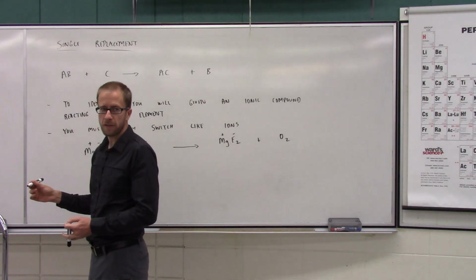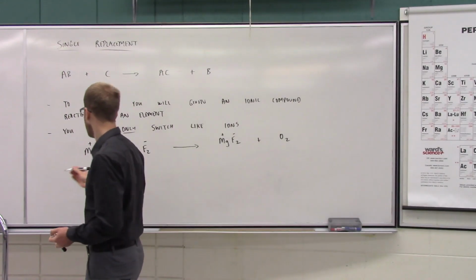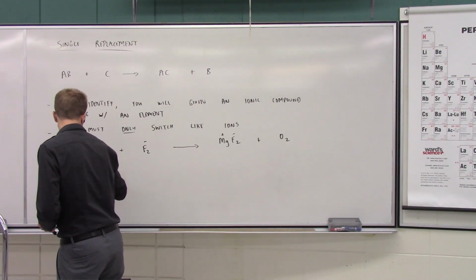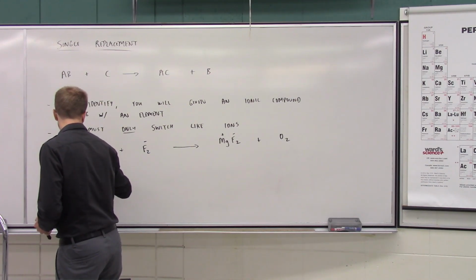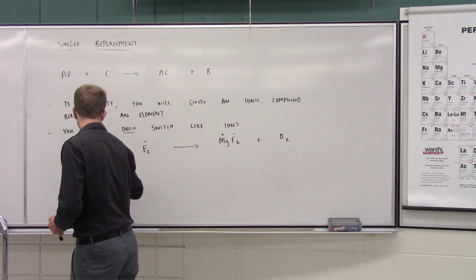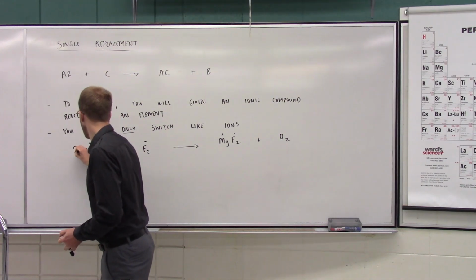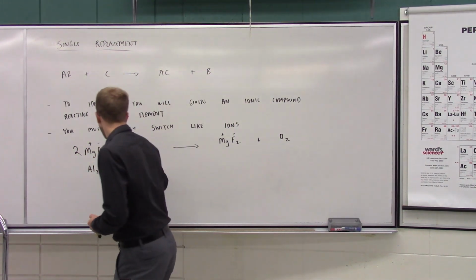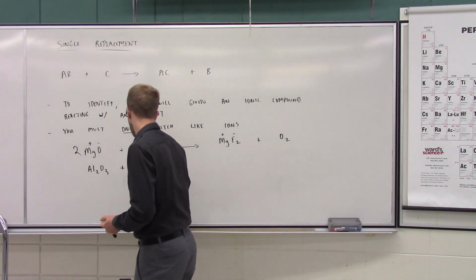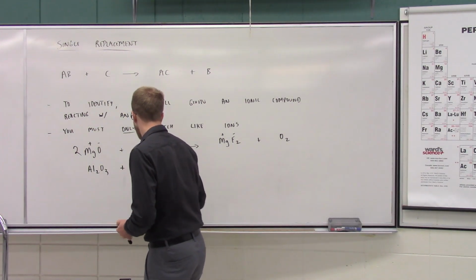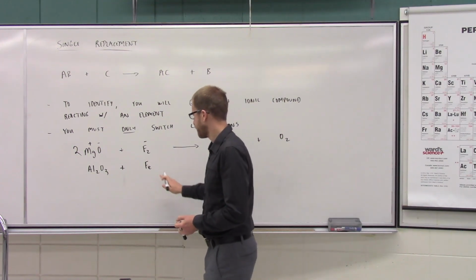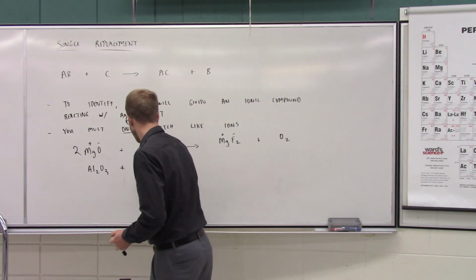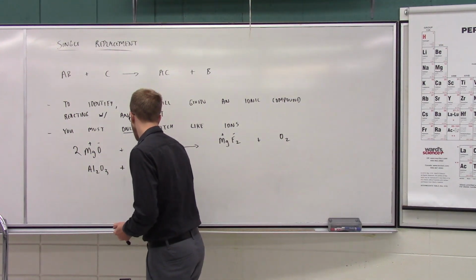So if I gave you, for example, let's say, oh, by the way, to balance this one, you'd have to put it through here. Al2O3 plus, I don't know, say iron. Actually, let's not do iron. Let's do zinc.